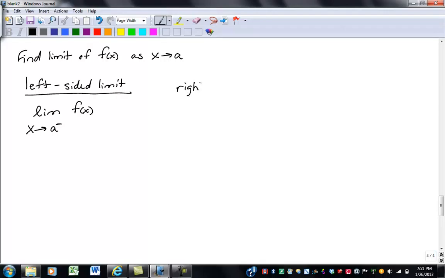And the right-sided limit, that's signified with the limit of f of x as x approaches a from the right-hand side, and that's a superscript positive. And that's the notation that we use to denote the limit from the left or the limit from the right.